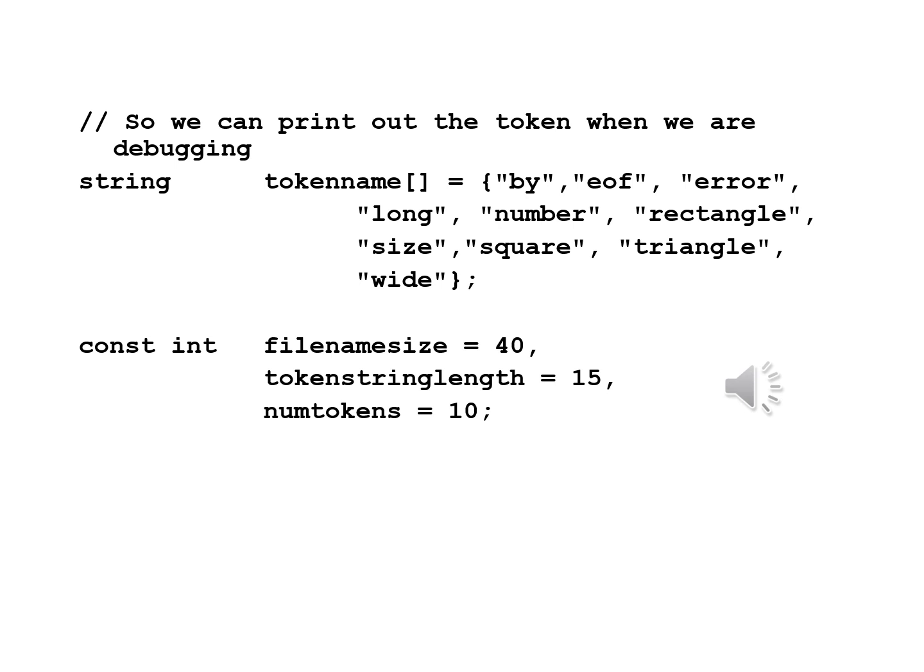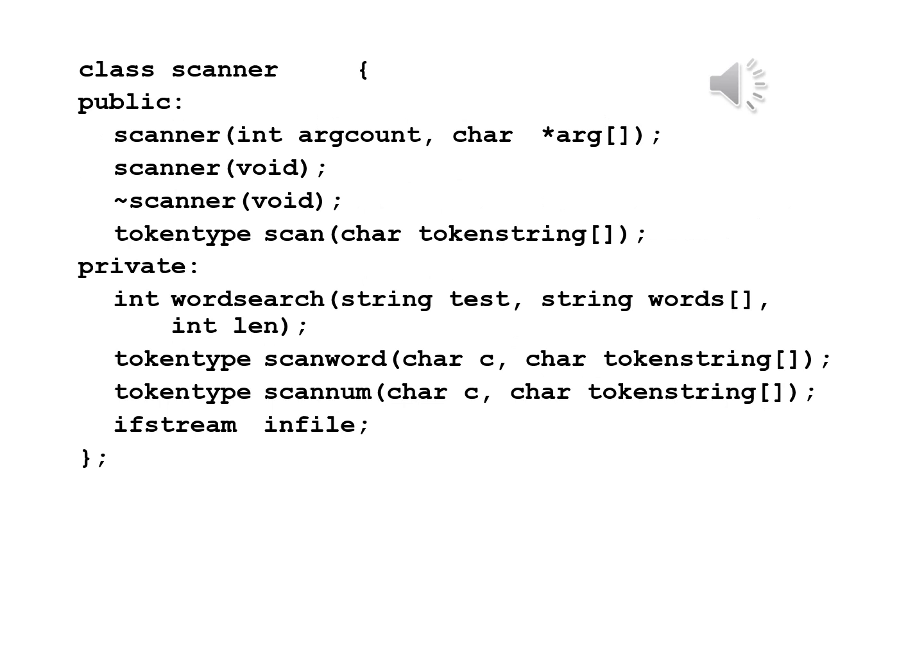We have here file name size 40, token string length as 15, and there are 10 tokens in the language. Here you can see the methods and the properties for the class scanner. We have the public ones, first of all, 2 different constructors where we can either give it the command line parameters or not, and in either case it will open the file for us.